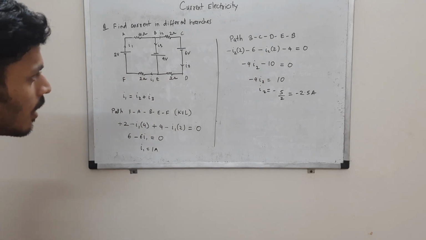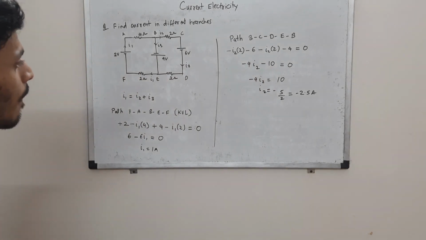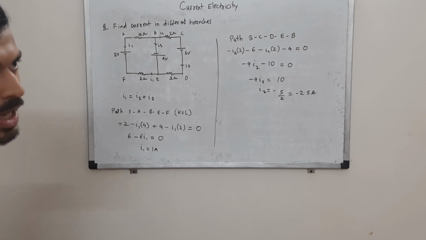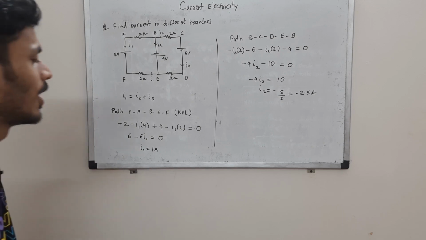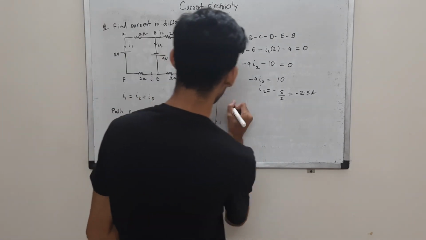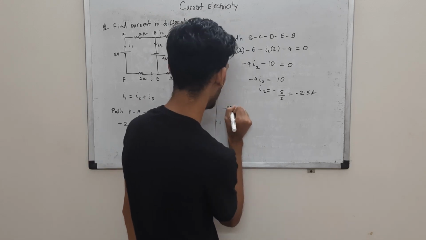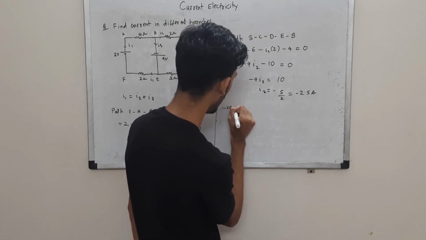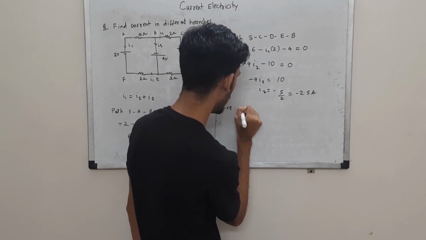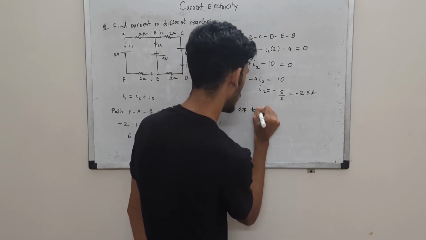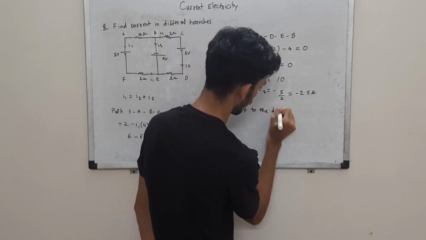So why is it negative, first of all? That might puzzle you, that current has come out to be negative. It's only negative because our convention is not good. Negative means that it is opposite to the direction chosen.